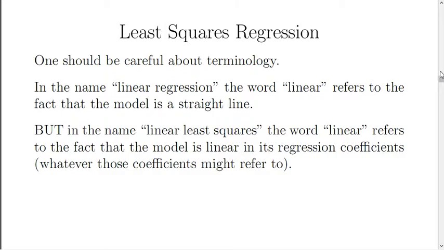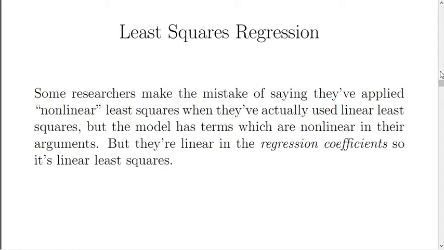So there's really a big difference conceptually between linear regression and linear least squares. Linear regression means you're using a straight line model. Linear least squares means you're using a model which might not be a straight line, but it is linear in its parameters. This is a common mistake. In fact, it happens surprisingly often in actual published scientific research.